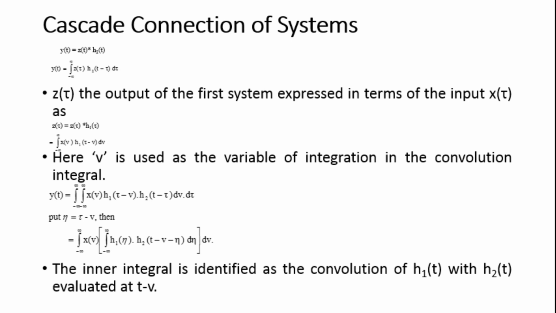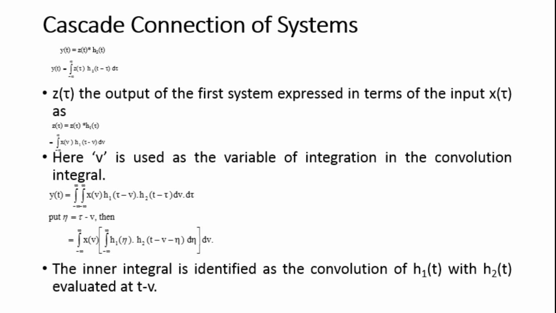Then y of t is equal to the double integration from minus infinity to infinity of x of v into h1 of tau minus v into h2 of t minus tau, dv d tau.